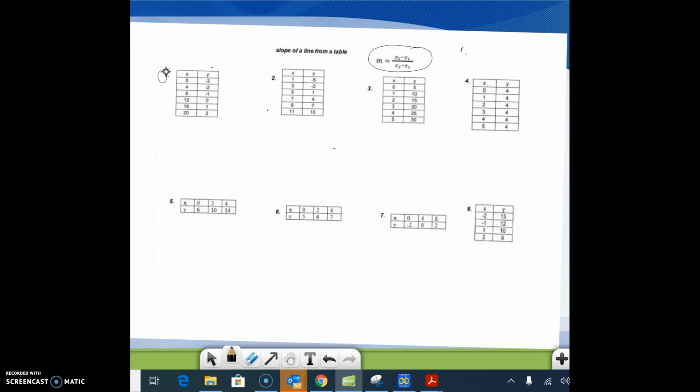All right, so if I look at my choices and I don't like all those negative numbers, why don't I choose 2 points that don't have negative numbers?